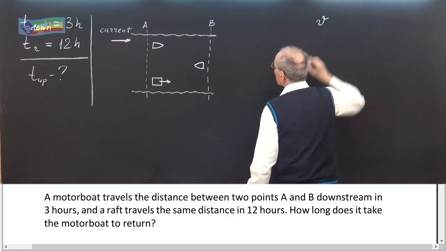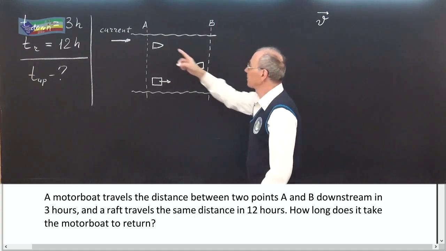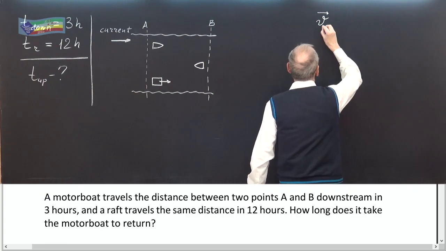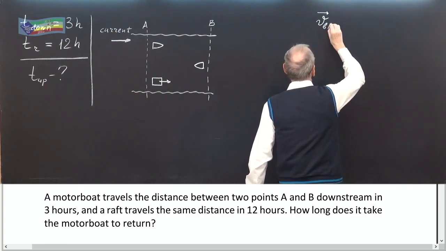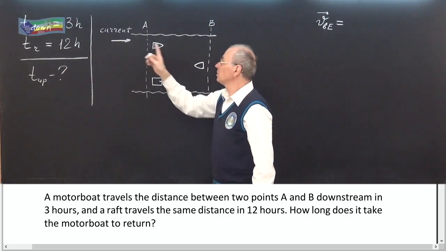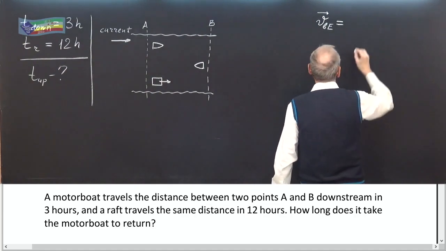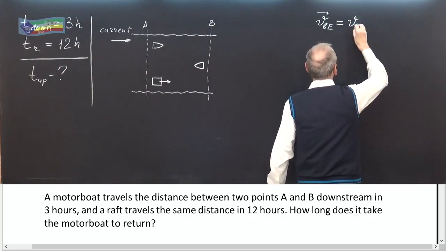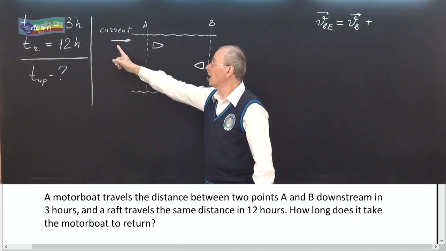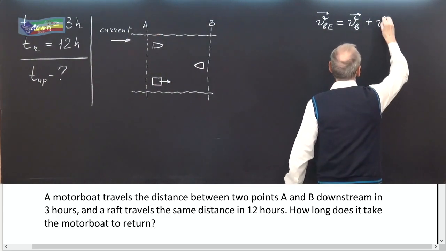V, velocity of the motorboat relatively to the Earth, boat relative to Earth, equals the velocity of boat relative to current, V boat, plus the velocity of current with respect to Earth, V current.